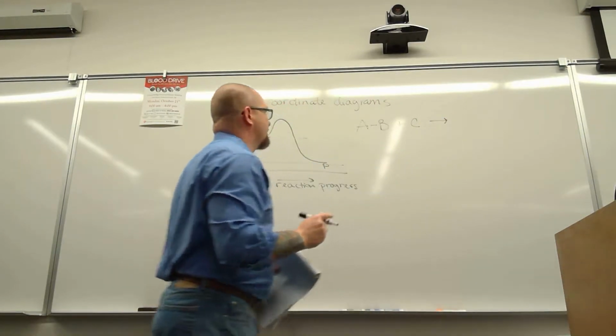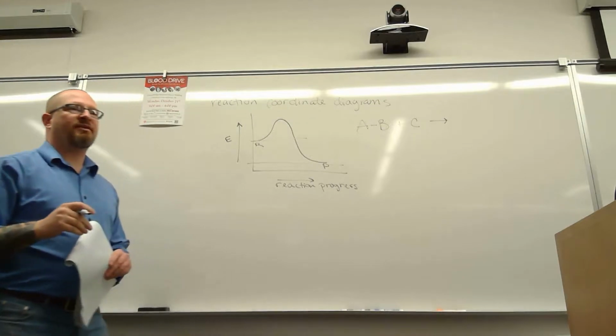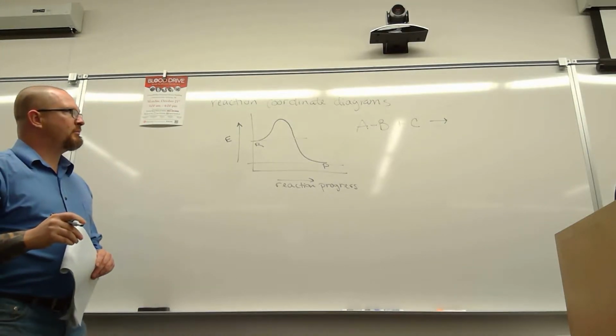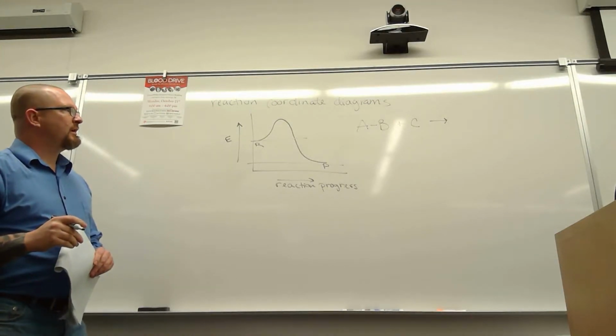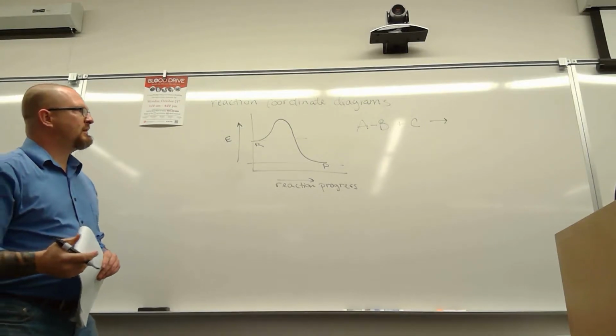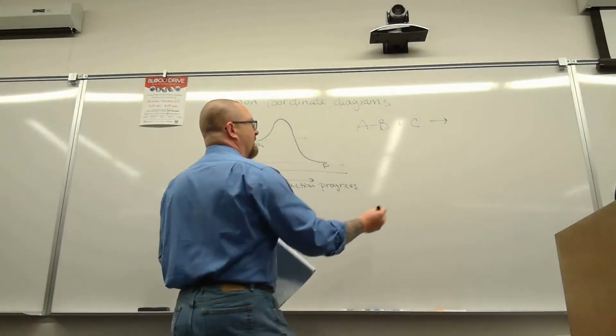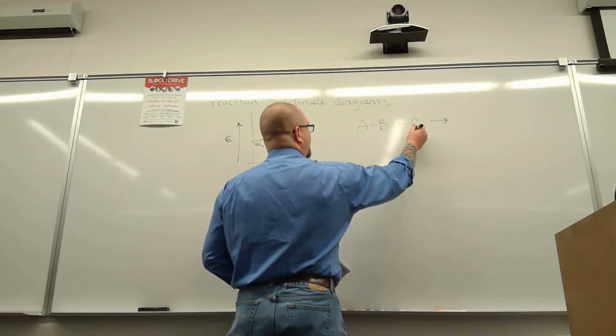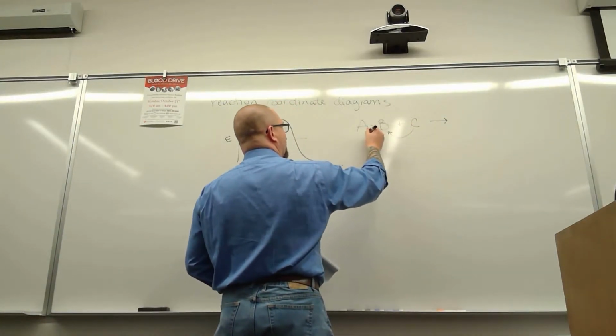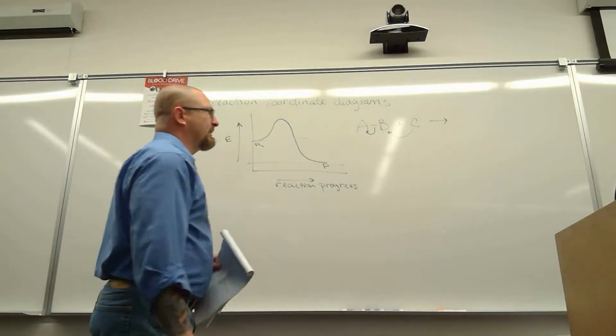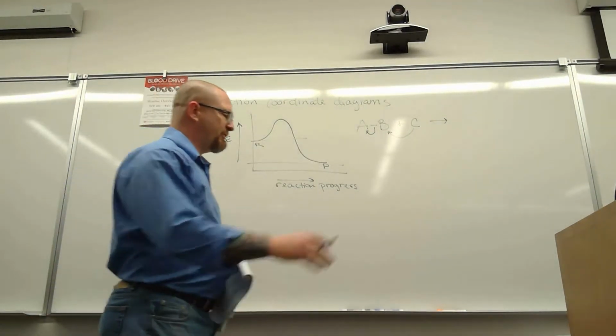We have some compound which has a component A and B bound to each other, and then we have reactant C. In this reaction, C is going to come in and attack B, breaking this bond, pushing the electrons to A.